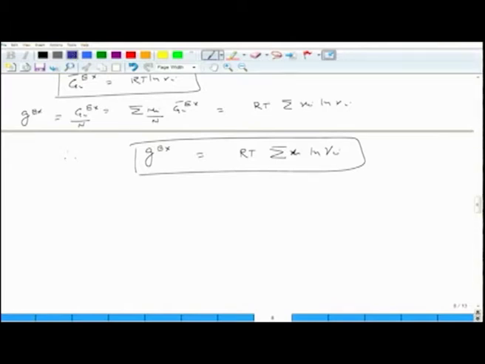Now let us consider the T, P derivative of gamma_i. Consider the reference state for an ideal solution in the sense of Raoult's law.